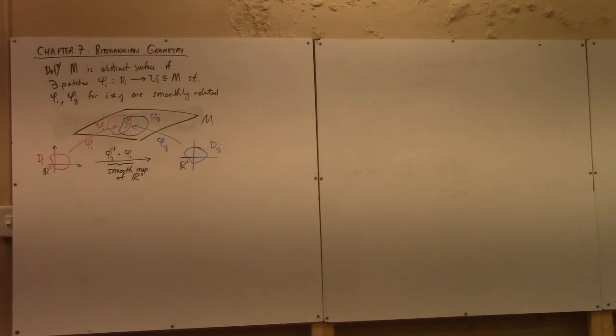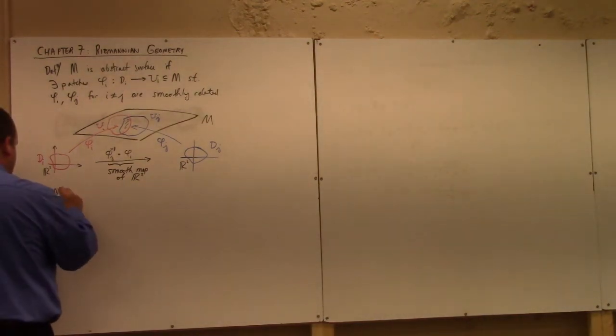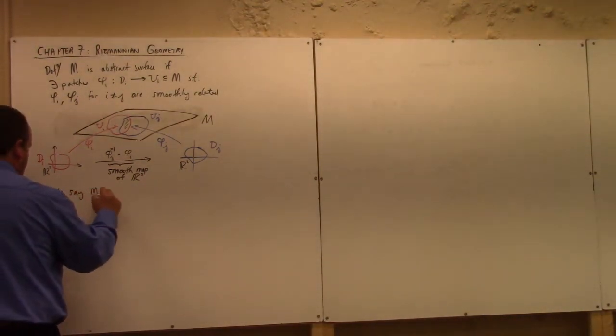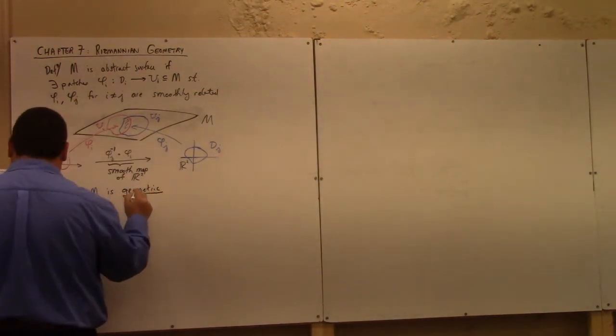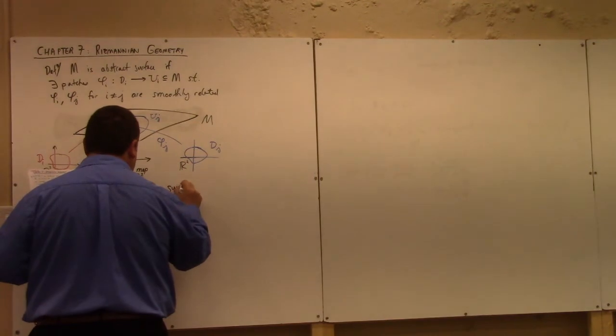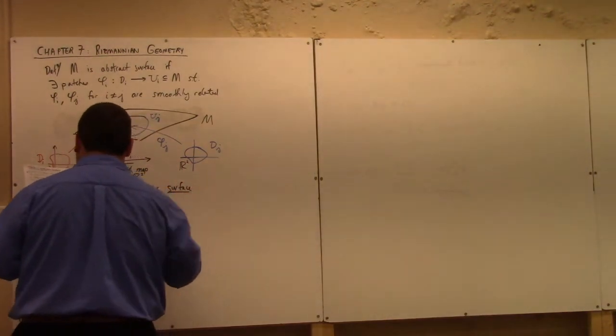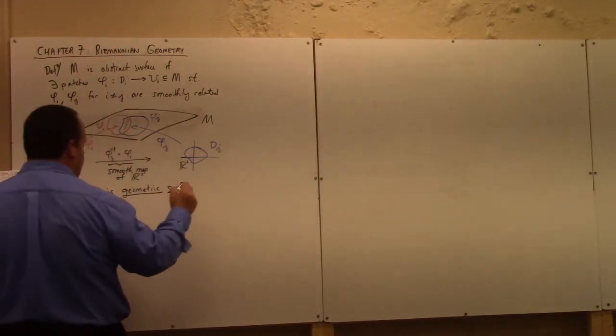Then we say M is a geometric surface if M is paired with a metric.